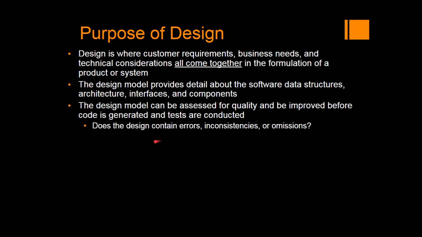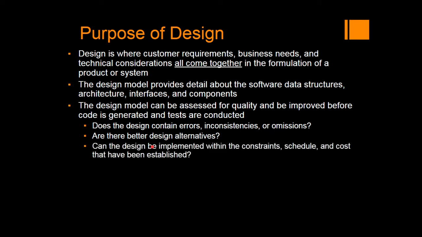That means they wanted to add something, or they have to correct something, or they have to improve something, and are there better design alternatives. So once they develop a design and they discuss with the customer, they can suggest some other better alternatives if they wish to have. And then, can the design be implemented within the constraints, schedule and the costs that have been established?